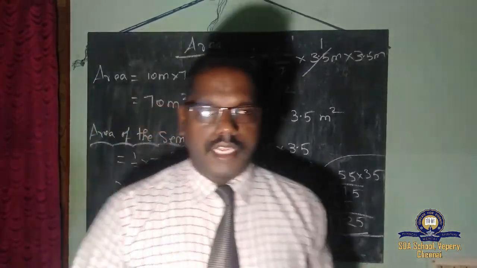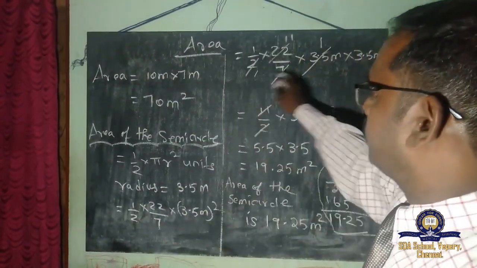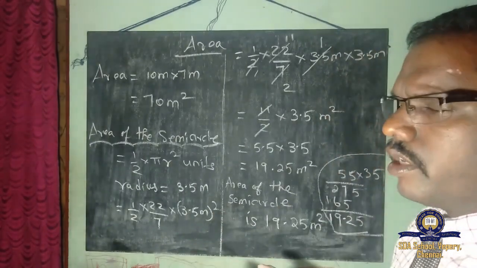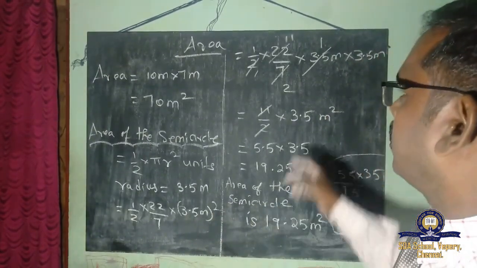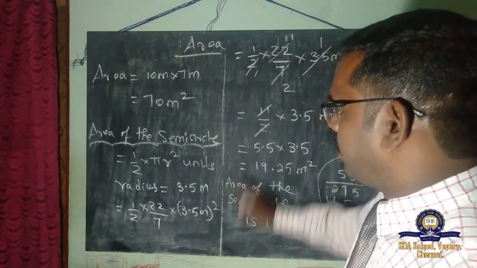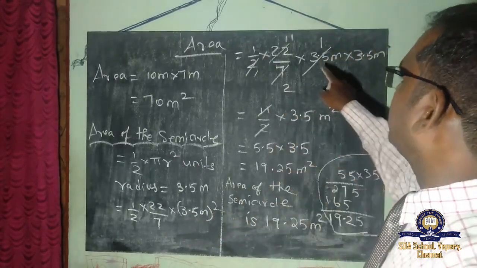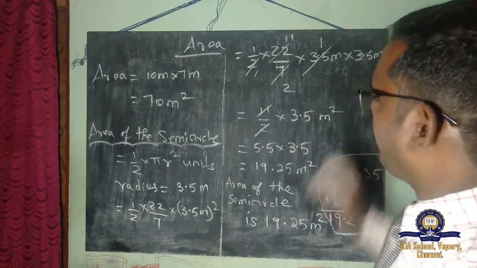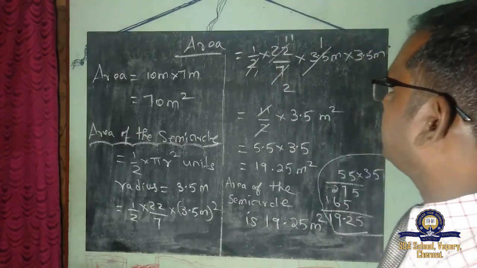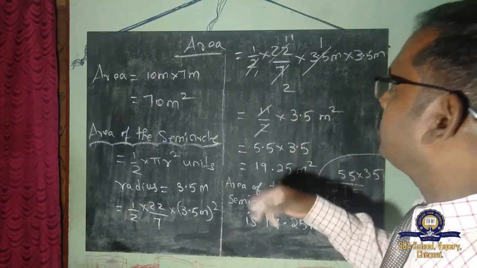Okay, look at the step from the last step where I left. I have written the same step here also, but here 3.5 meter the whole square. The whole square means I have to write twice. 1 by 2 is as it is, then 22 by 7 is as it is, then 3.5 meter into 3.5 meter. Now 2 is in 1 times, but in 22 it is 11 times. Similarly 7 is in 3.5 2 times.